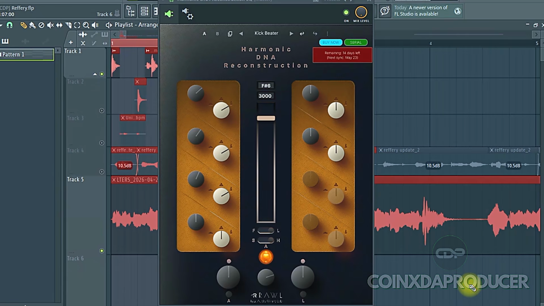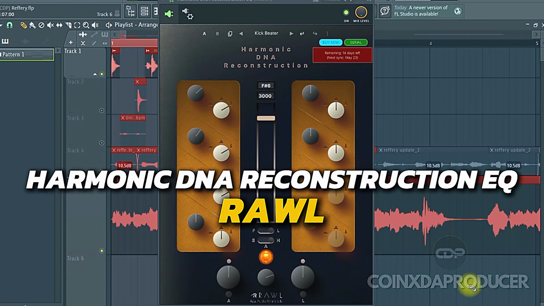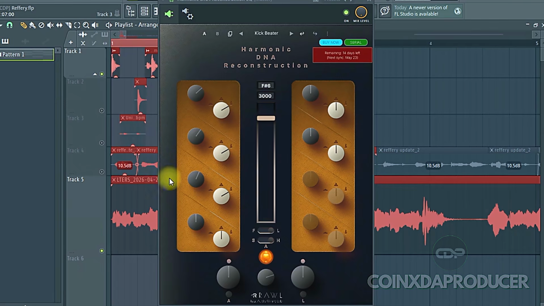The plugin we are talking about is called Harmonic DNA Reconstruction, and it is by RAWL. So what we'll be doing today is going through this plugin to see if it is something you would like to keep. The Harmonic DNA Reconstruction EQ by RAWL is a specialized audio plugin designed to isolate the core pitch, which is the fundamental frequency of a sound, and dynamically manipulate its specific harmonic overtones, specifically the second through ninth harmonics.